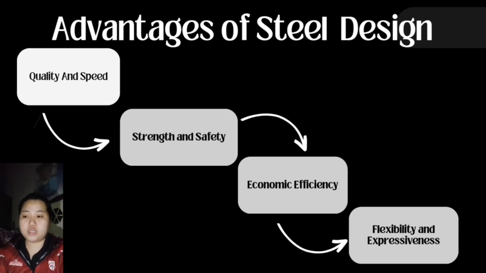The third advantage of steel design is economic efficiency. Steel construction requires 70% fewer working hours than concrete. The rapid work rate means that facilities can be commissioned faster. In addition, savings in material themselves should also be noted.